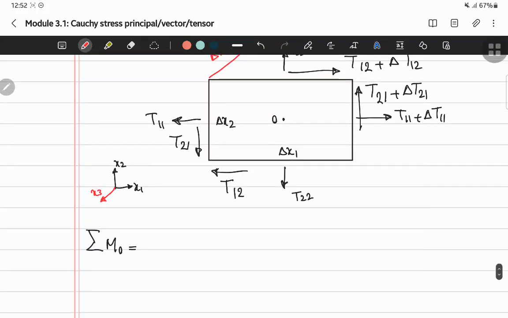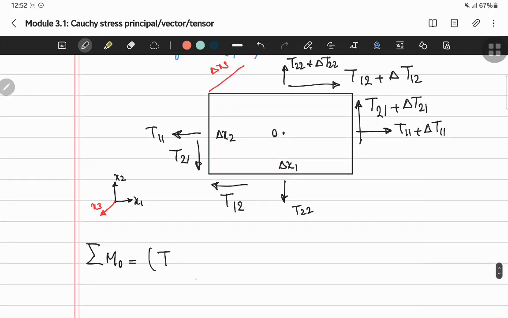All right, so I have t11 plus delta t11, and t11. This is basically crossing from the origin point O. So this doesn't create a moment. And this also holds true for t22 plus del t22 and t22.